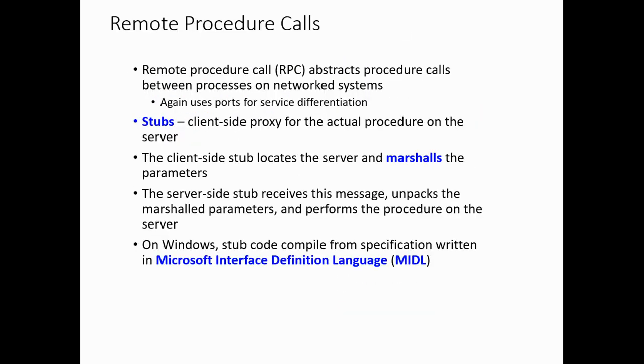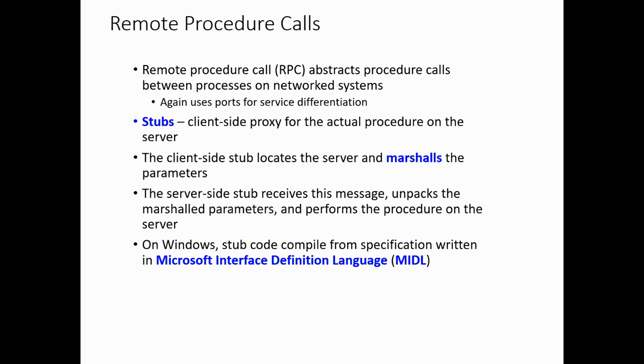What is all about remote procedure calls? Remote procedure calls abstract procedure calls between processes on networked systems. Again, it uses ports for service differentiation. You can have stubs and marshalling over there. I'm not going to talk a lot about this, because remote procedure calls are more advanced in terms of operating systems.